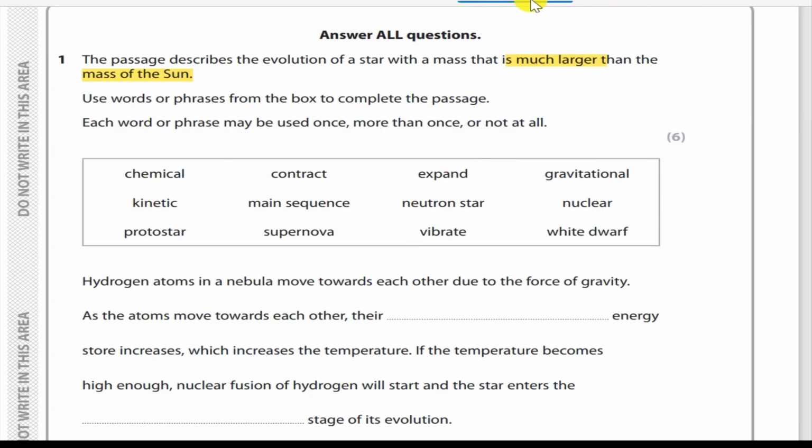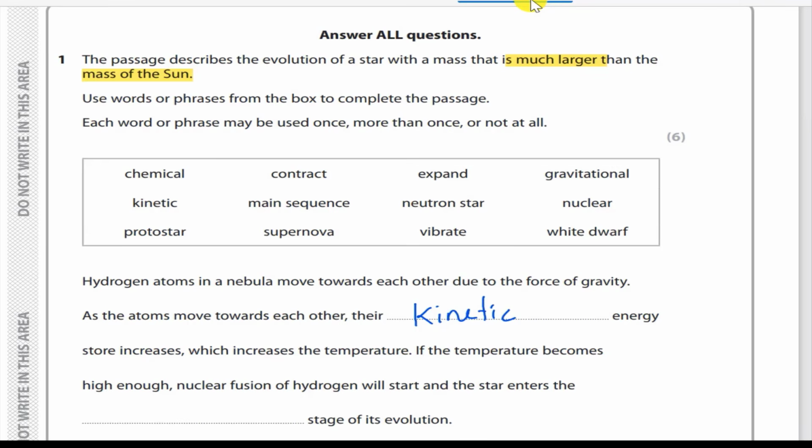Hydrogen atoms in a nebula move towards each other due to the force of gravity. As the atoms move towards each other, their kinetic energy store increases, which increases the temperature.